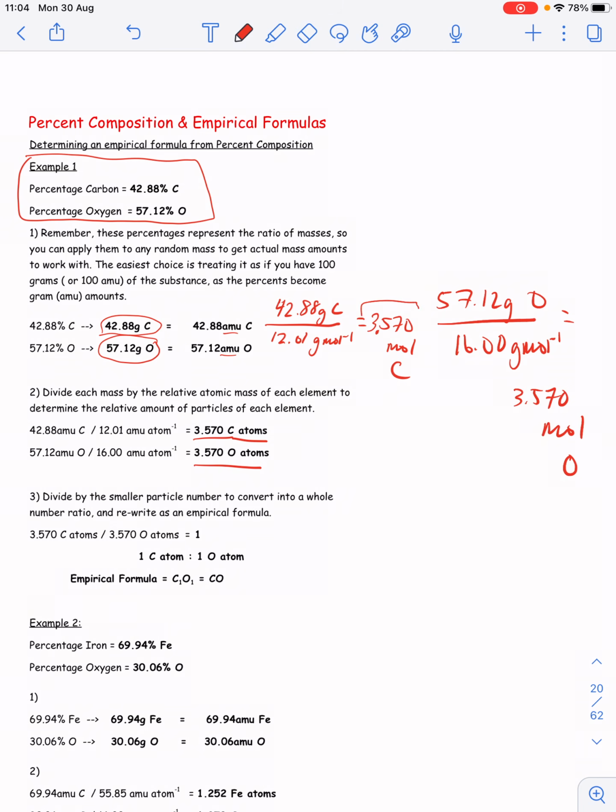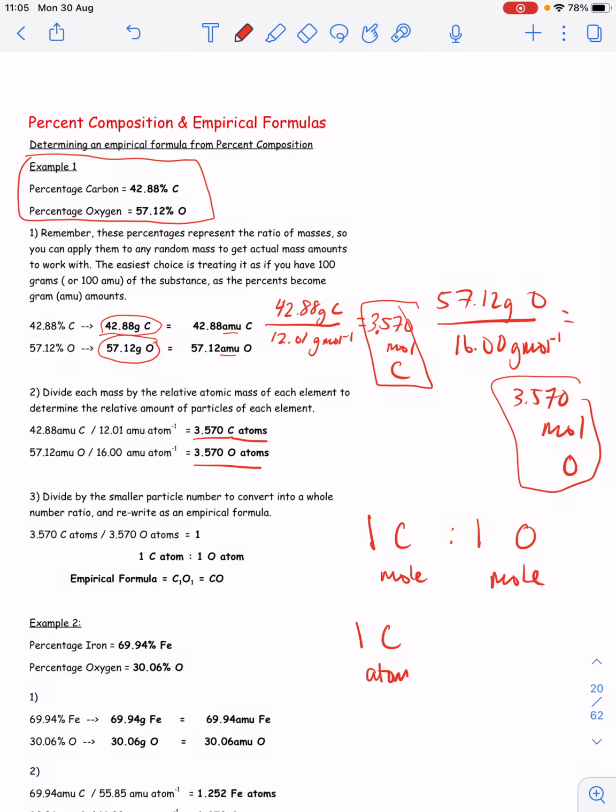And because the number of moles are the same, 3.57 to 3.57, that's a 1-to-1 ratio. So 1 carbon mole for every 1 oxygen mole. And therefore, that means the ratio of atoms, 1 carbon atom for 1 oxygen atom. And so the formula is CO for the empirical formula, the lowest ratio of moles.